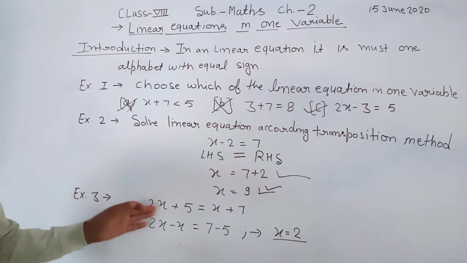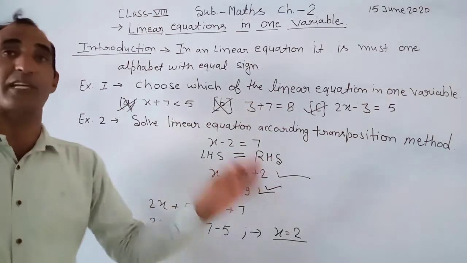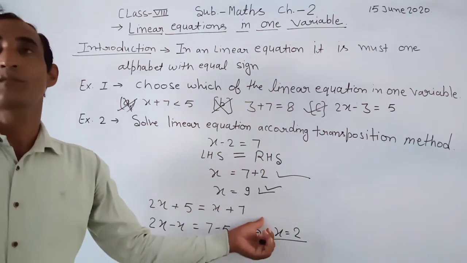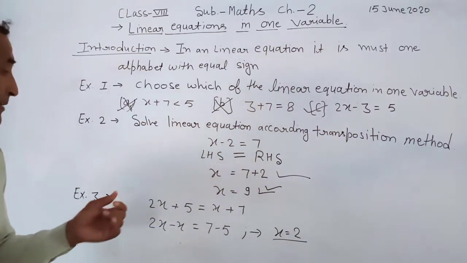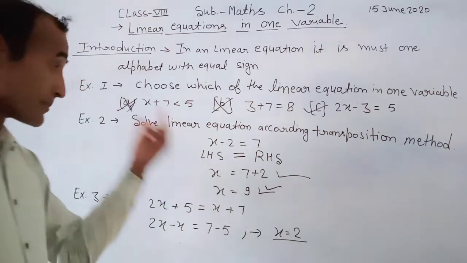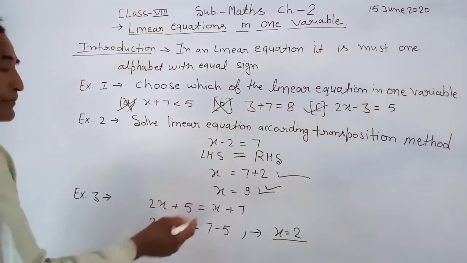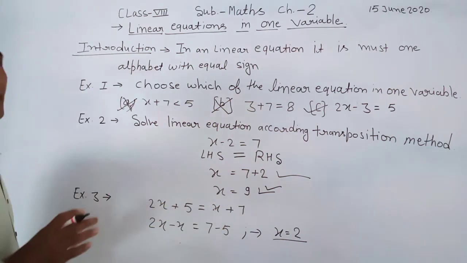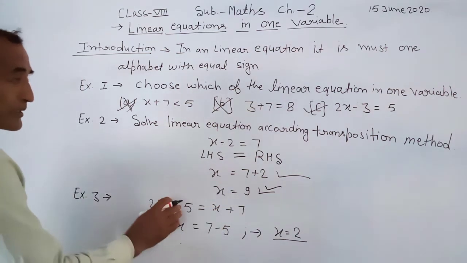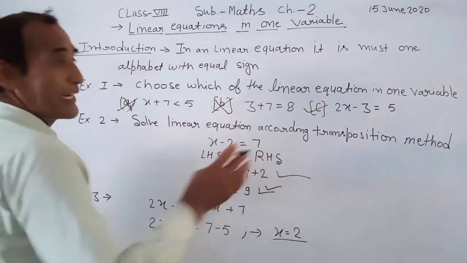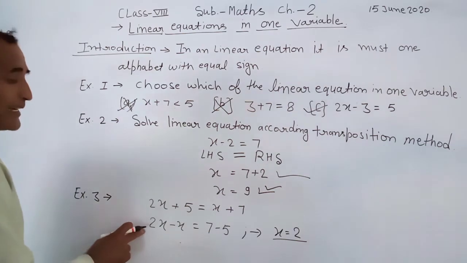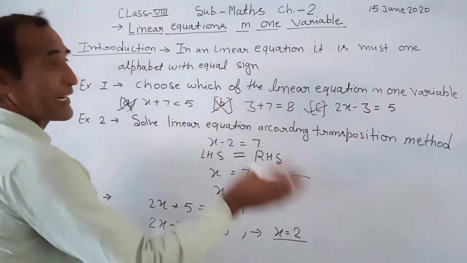Example third, 2x plus 5 equals x plus 7. Here x is on the right hand side, but it is necessary that A to Z terms are converted into the left hand side and numbers convert into the right hand side. So x converts into the left hand side and plus 5 converts into the right hand side.